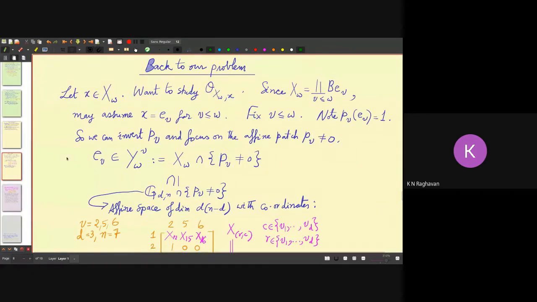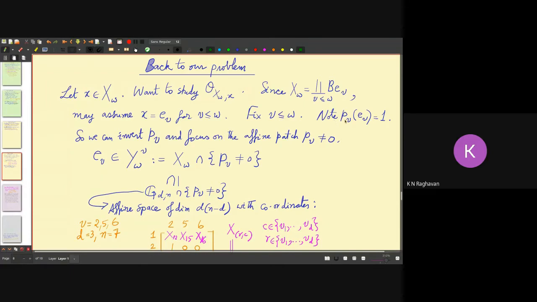Okay, now let's get back to our problem. I take my x in X_W, my Schubert variety, an arbitrary point, and I want to study the local ring. As I've already said, since this Schubert variety is a union of B-orbits, we may assume this x to be e_V for V less than or equal to W. Now I want to concentrate around this point, so I want to move from projective geometry to affine algebra.